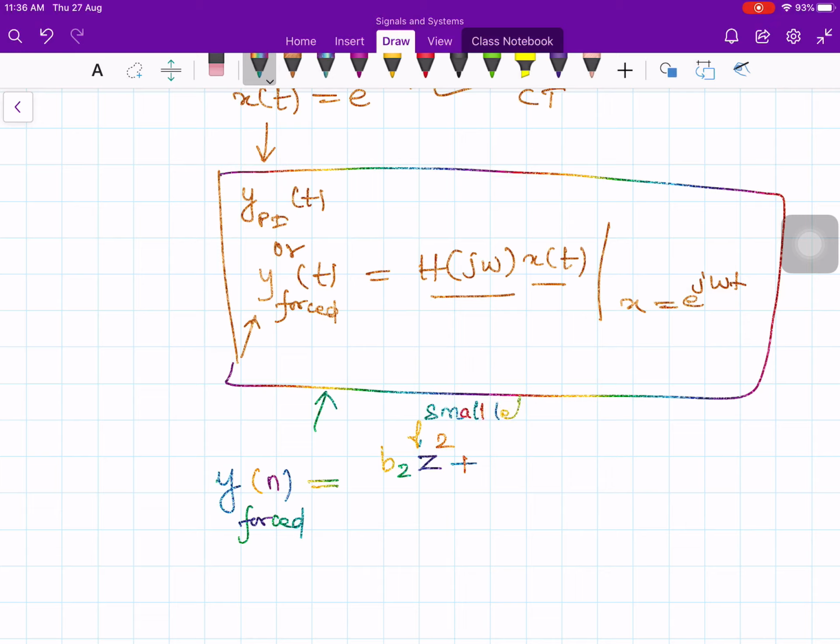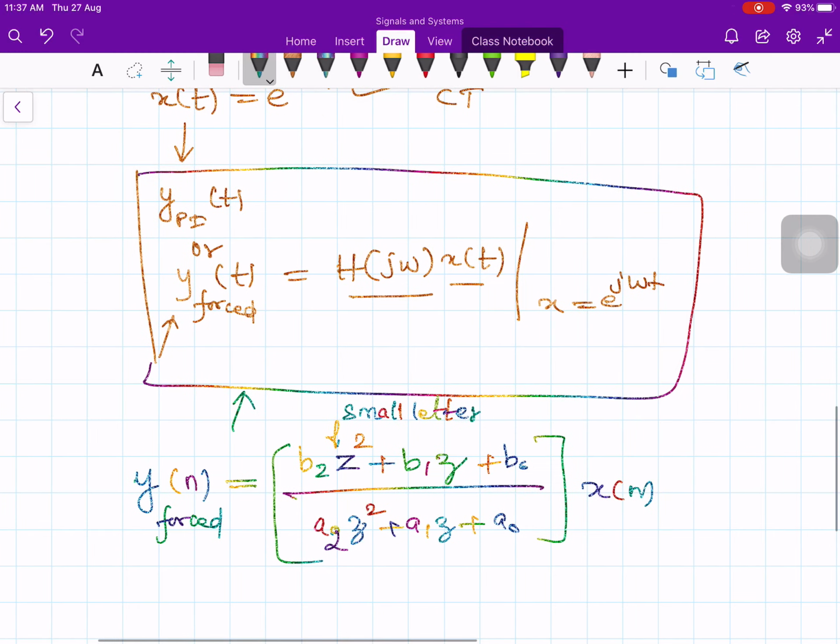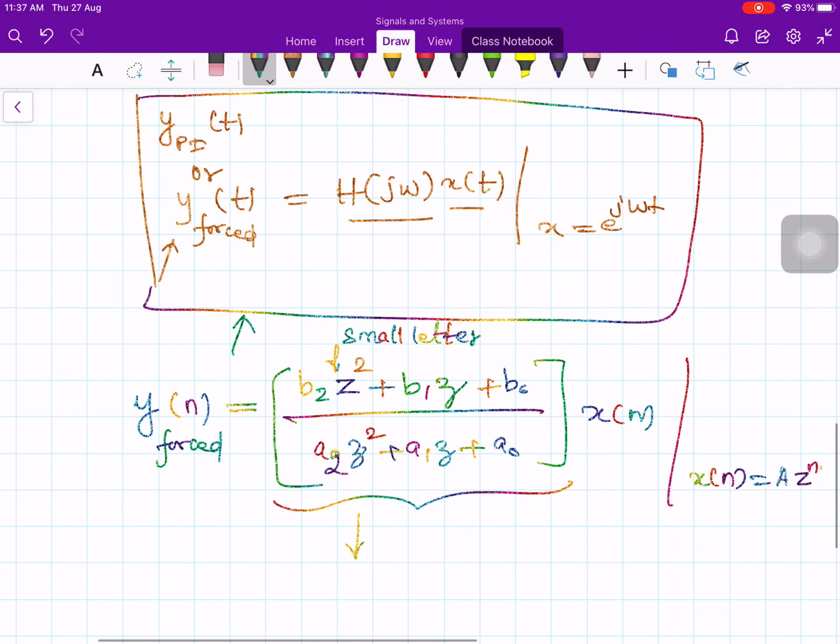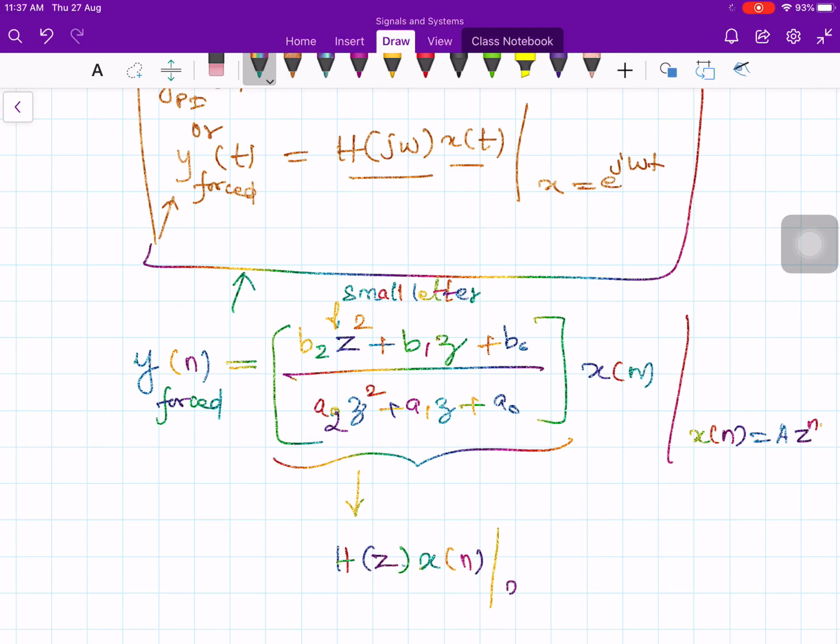Small letter, it's not capital letter. b2 z squared plus b1 times z plus b naught divided by a suffix 2 z squared plus a1 z plus a naught, multiplied by x of n, where x of n is of the form a times z to the n, and this whole thing we regard as h of z times x of n, where x of n is of the form, let us disregard a, anyway let me write down z to the n.